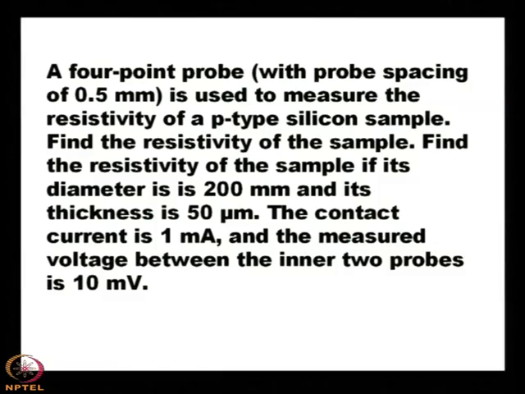Even suppose you are using a rectangular or square sample, if you find that the thickness is very much greater than the probe spacing, then you cannot use 4.53 as the correction factor. But if the thickness is less compared to your probe spacing, the probe spacing is generally 1 millimeter.